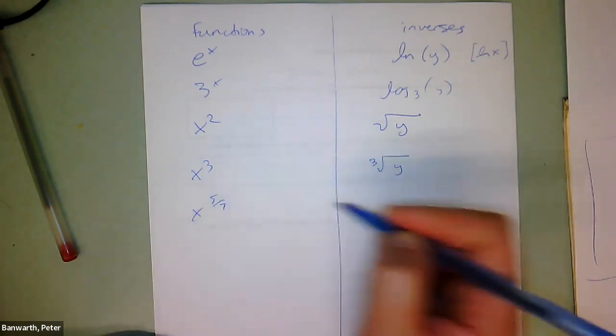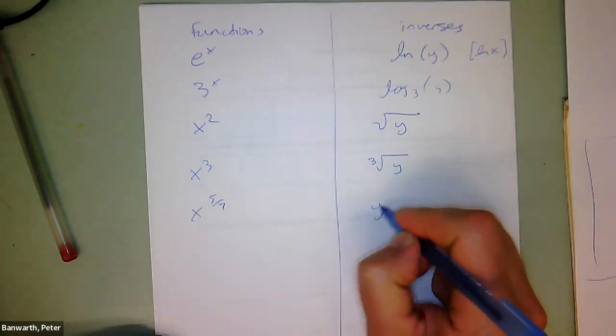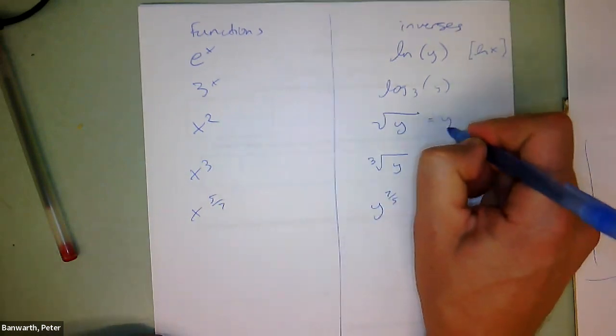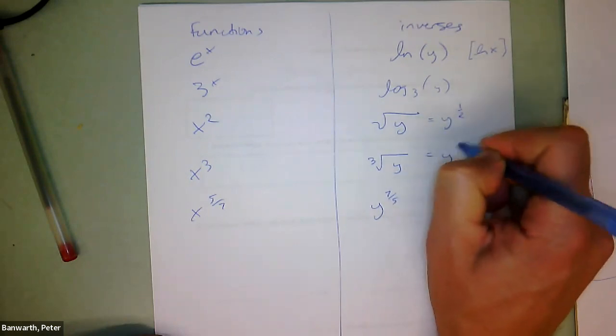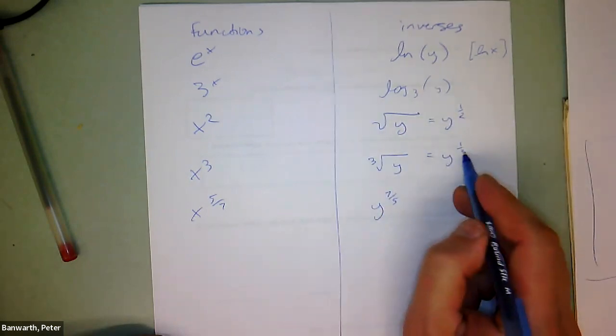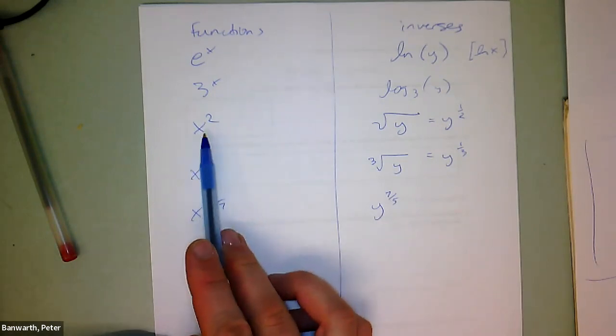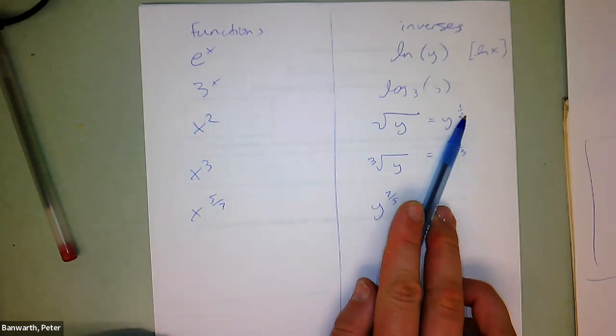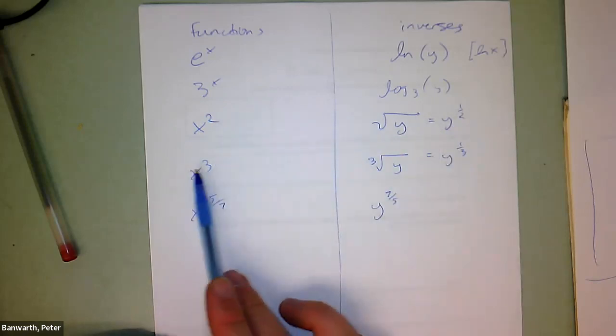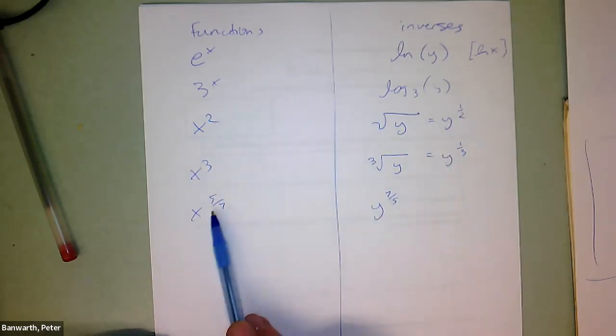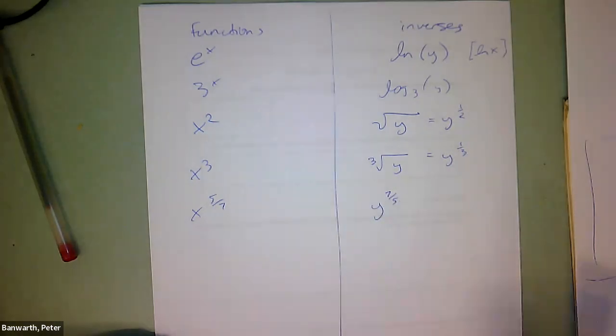x to the 5/7, y to the 7/5. I can write radicals as fractional exponents. So for a power, you just use the reciprocal. The reciprocal of 2 is 1/2. The reciprocal of 3 is 1/3. The reciprocal of 5/7 is 7/5.